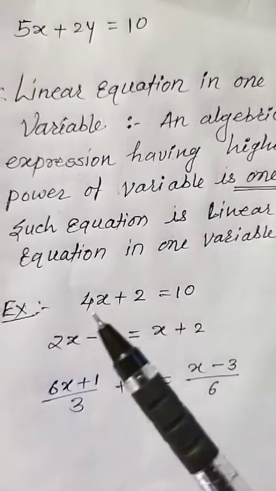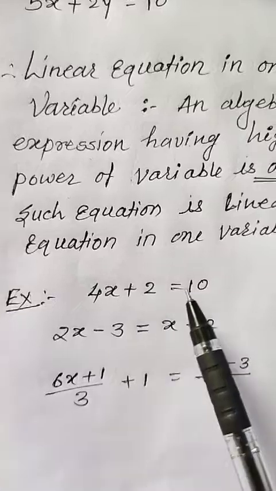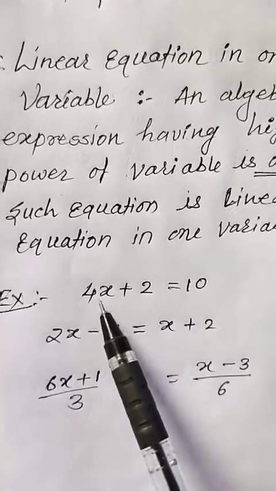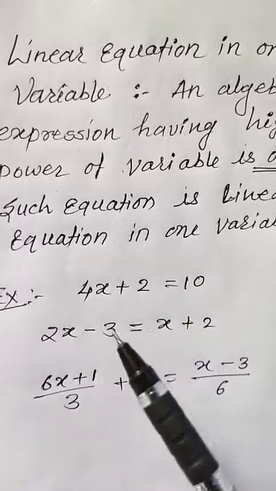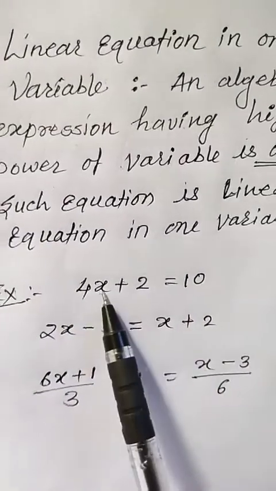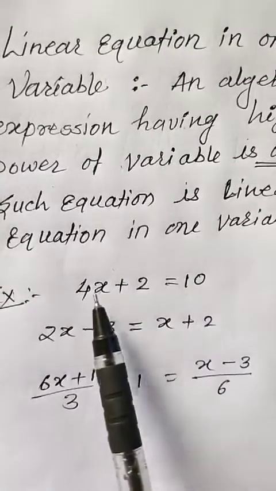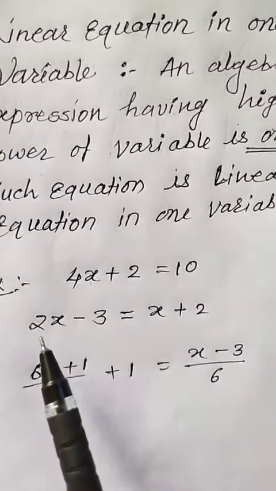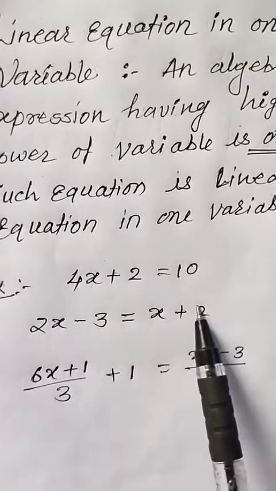Here are some examples. The first example is 4x plus 2 equals 10, the example we took just now. It contains only one variable x, the power is only 1, and the variable is on the left side only. The second is 2x minus 3 equals x plus 2.